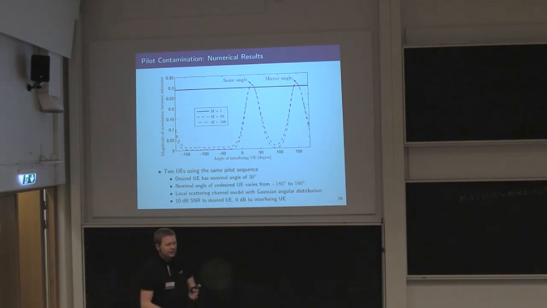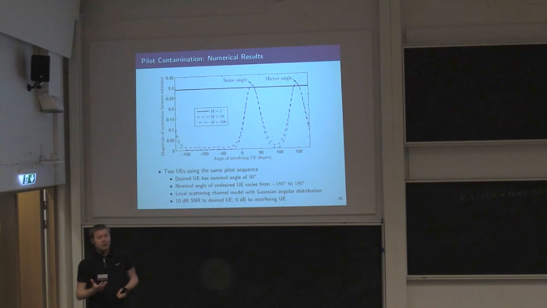From my array, if I get the signal coming in from 30 degrees or from minus 30 degrees, or in this case 180 minus 30 degrees, that is the same thing. It will get the same response vector at my array response. So this is one of the issues with having a uniform linear array. You should not use something with that structure, because then you can get these mirror effects.